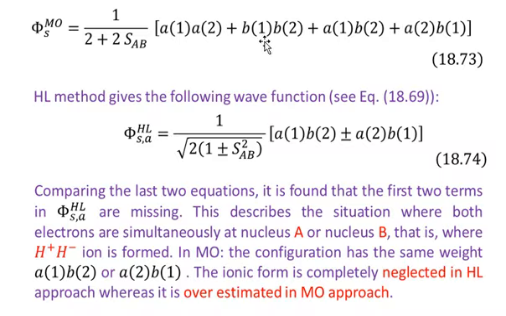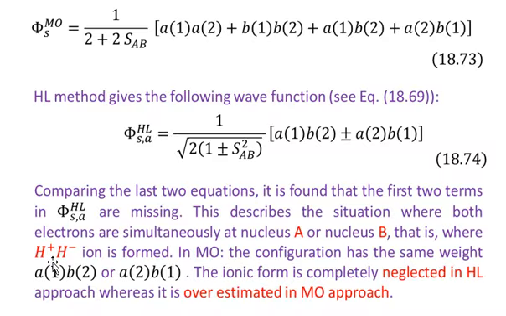These two terms are missing in the Heitler and London wave function. This describes the situation where both electrons are simultaneously at nucleus A and nucleus B. That is where you have H positively ionized and H negatively ionized. So we have a hydrogen atom positively ionized and negatively ionized.